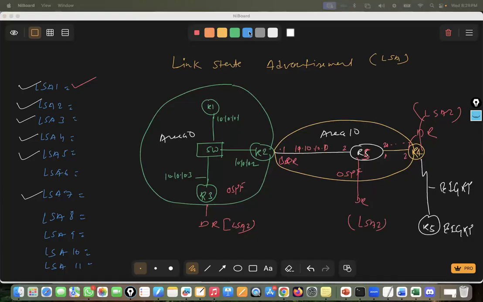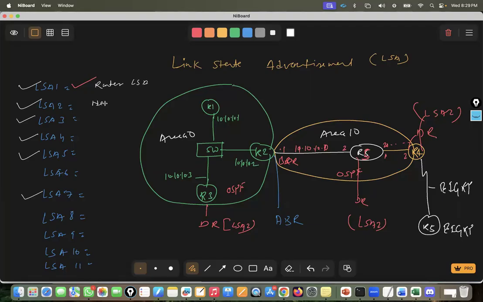Now let's talk about the LSA3. Who is going to generate the LSA3? LSA3 is going to be generated by your router, which is the ABR. So which router is ABR? R2. So this is going to act as an ABR. This is known as the router LSA.